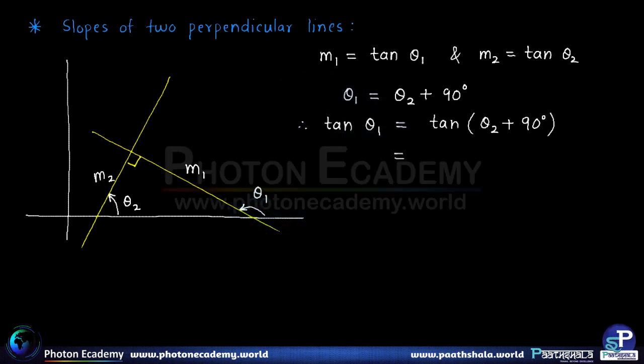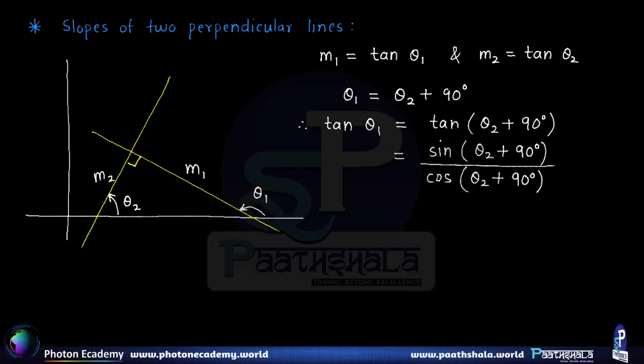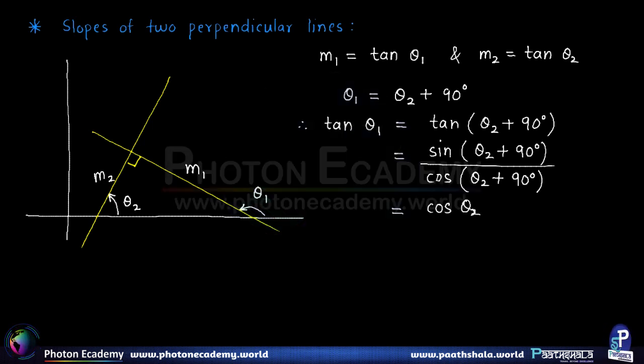Now suppose we want to rewrite this as sine of theta 2 plus 90 degrees upon cos of theta 2 plus 90 degrees. We know from basic trigonometric identities of allied angles that sine of theta 2 plus 90 degrees is equal to cos of the original angle, that is cos of theta 2, whereas cos of theta 2 plus 90 degrees is equal to minus sine of the original angle.